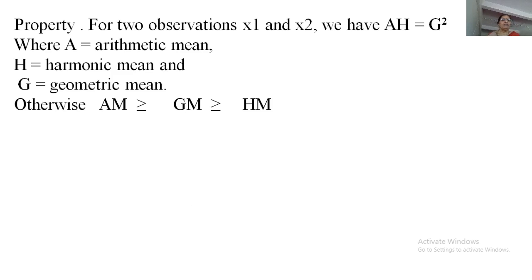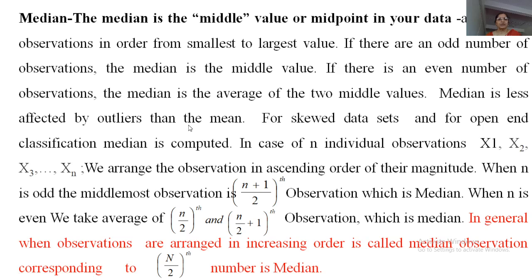Otherwise, when the number of observations n is greater than 2, this relationship does not hold exactly, but this is universal: arithmetic mean is always greater than or equal to GM, which is always greater than or equal to HM. So remember this, the relationship between the three types of computational average, AM, GM and HM.